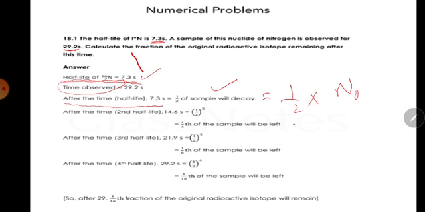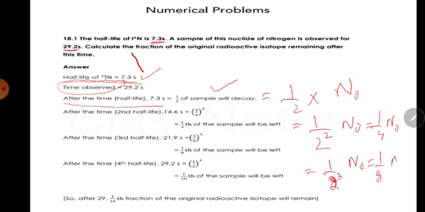After the second half-life, 1 by 2 square N naught is equal to 1 by 4 N naught. After the third, 1 by 8, or 1 by 2 power 3 N naught, is equal to 1 by 8 N naught.